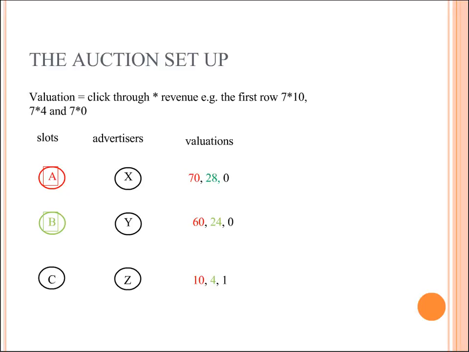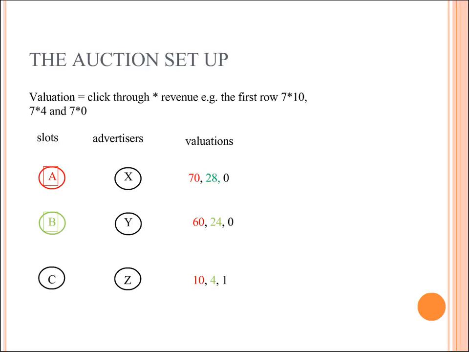And you can see that the valuation of 70 for player X is for slot A. Player X values slot B, so the B in green at 28, and of course slot C at 0.